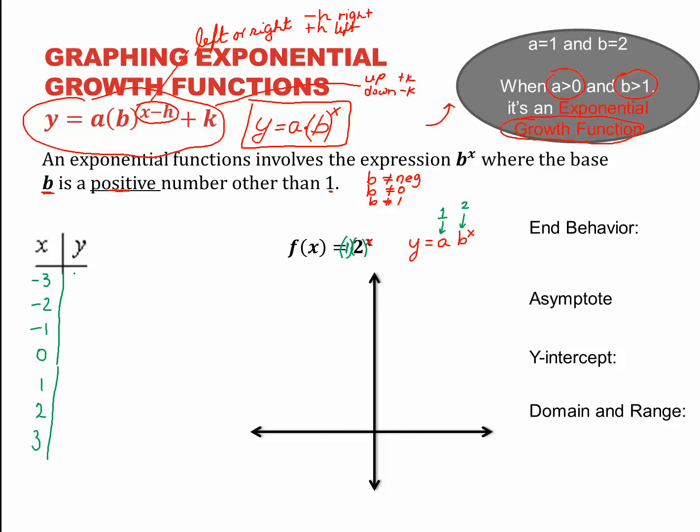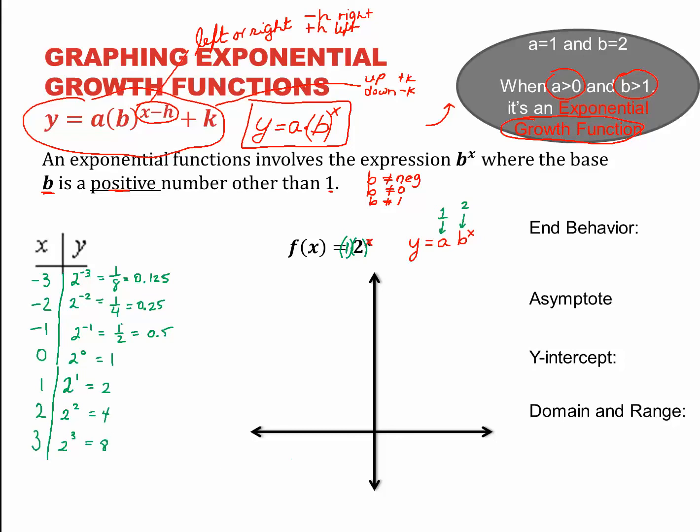So to get y, we have to do 2 raised to the negative 3, which is 1/8, which is 0.125. 2 raised to the negative 2, which is 1/4, which is 0.25. 2 raised to the minus 1, which is 1/2, which is 0.5. 2 raised to the 0, any number raised to the 0 is 1. 2 raised to the 1, which is 2. 2 squared, which is 4. And 2 to the 3rd, which is 8.